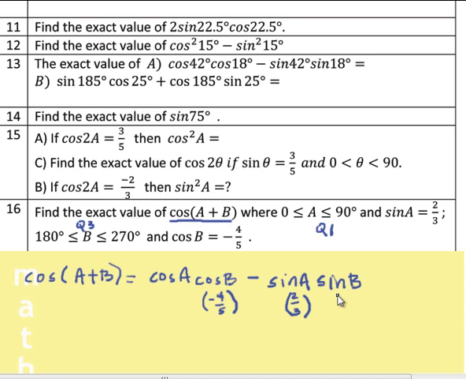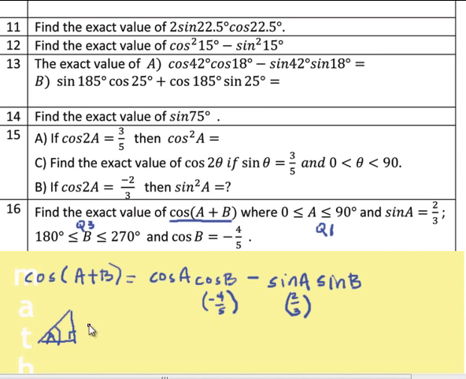So let's start by finding cosine A. Okay, so we're going to draw a little triangle. And we'll put A in our triangle because A is in quadrant 1. We have that sine A is equal to 2/3.